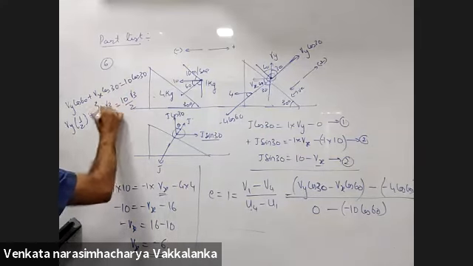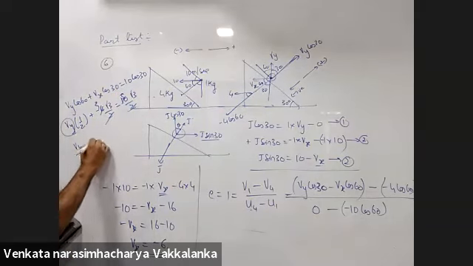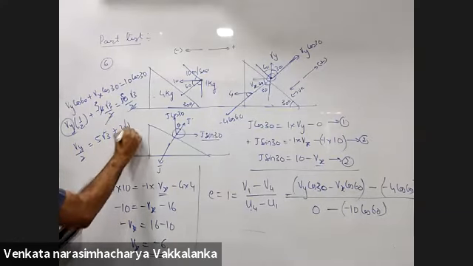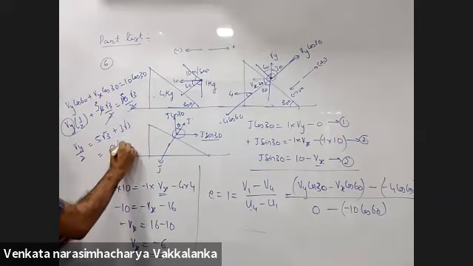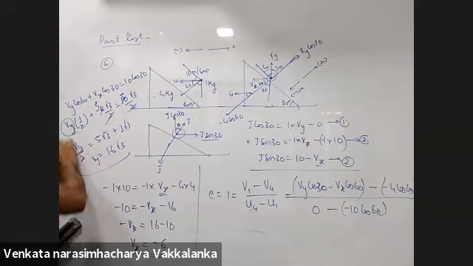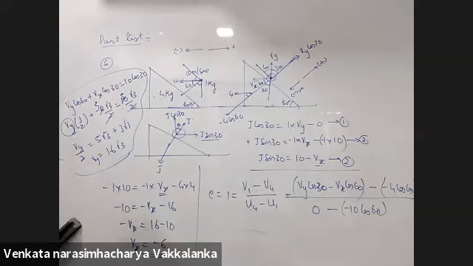You are getting 5 root 3 plus 3 root 3. 8 root 3, I am getting Vy. So it will be minus, right? 5 root 3 minus 3 root 3. Vy, when you bring it to the right side, it will be plus. So on the left, minus, on the right, plus.